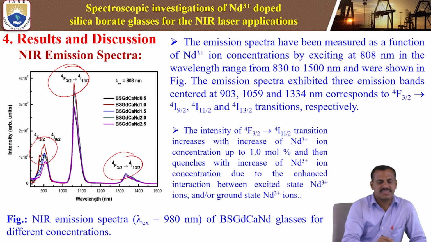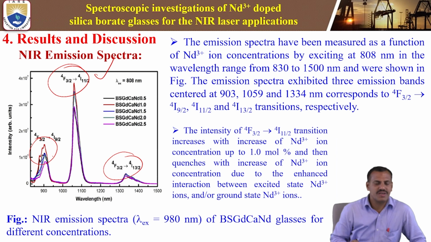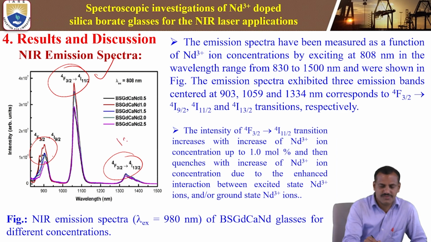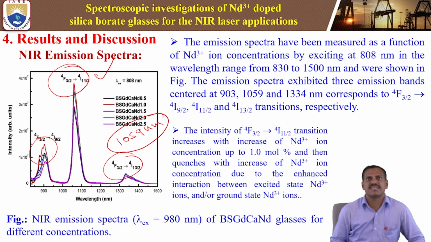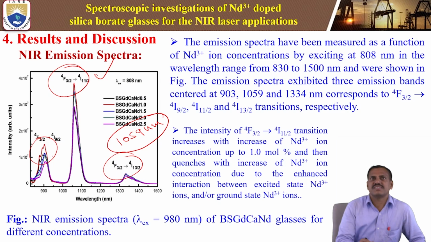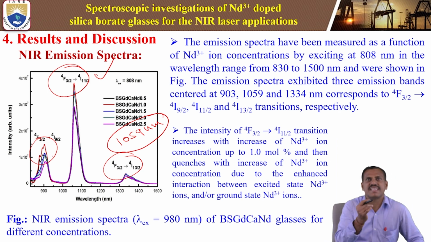Among the three transitions, the maximum is 4F3/2 to 4I11/2. This emission band is at 1059 nanometer. The most commonly used Nd3+ doped laser glass emits at 1060 nanometer, which is commercially used. But in the present study of Nd3+ doped silica borate glasses, we get laser emission at 1059 nanometer, slightly lower by 1 nanometer.